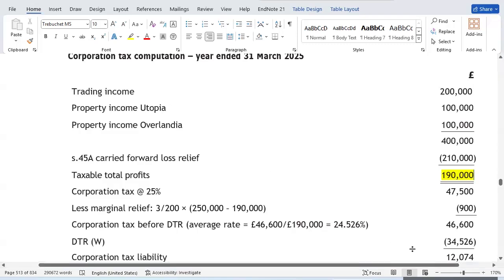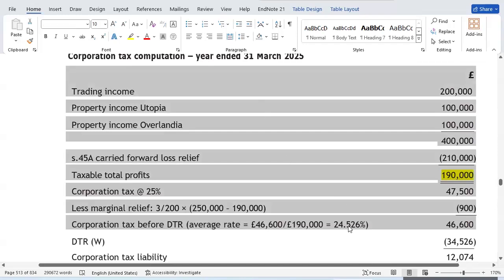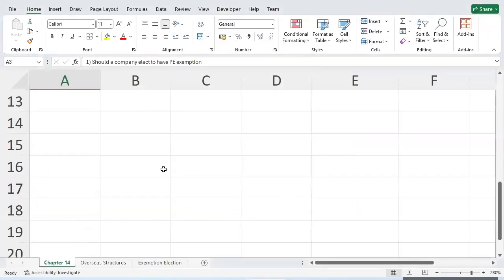So the first step for you to do in the exam is to get 46,600. Okay, then only you do the DTR. Okay, now how to get 46,600 the fast way?